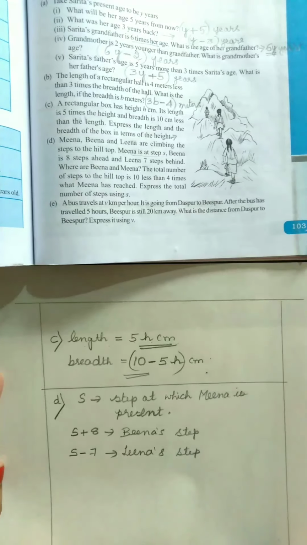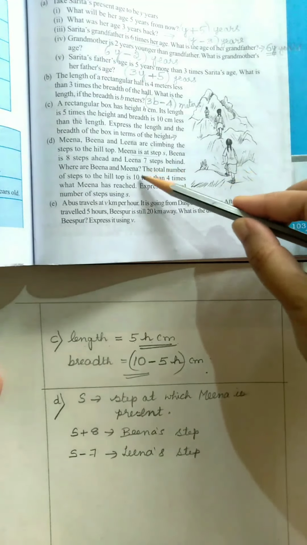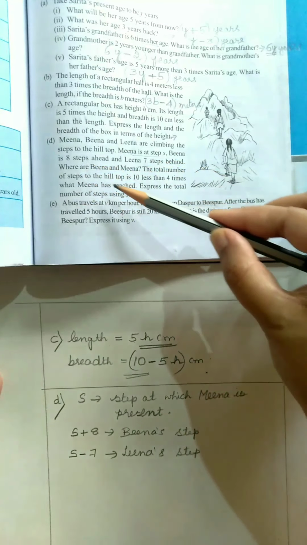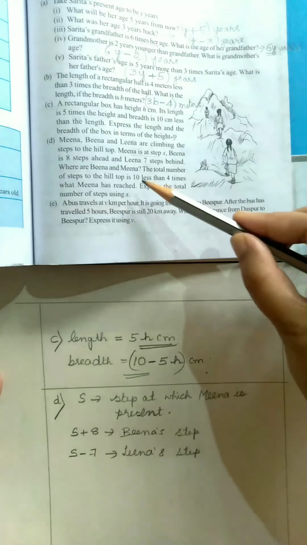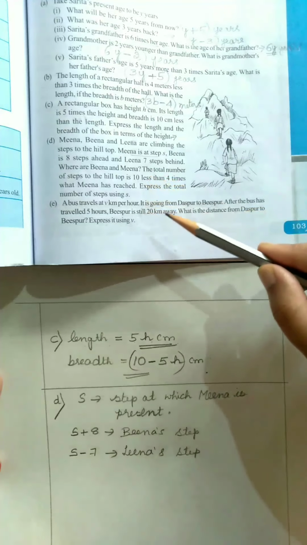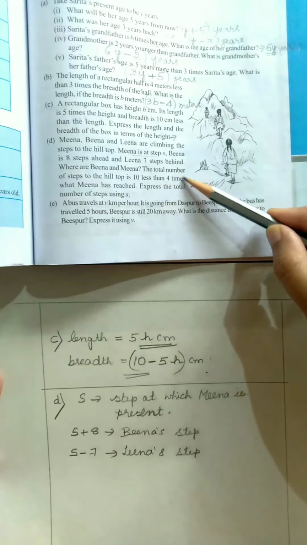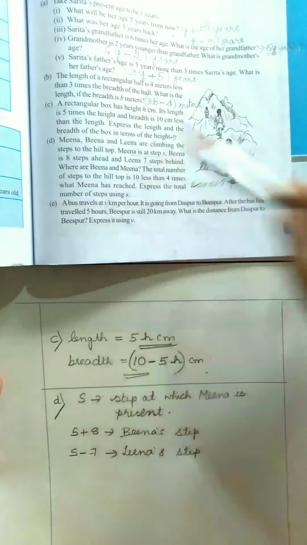Then what is the question, children? The total number of steps to the hilltop is 10 less than 4 times what Meena has reached.